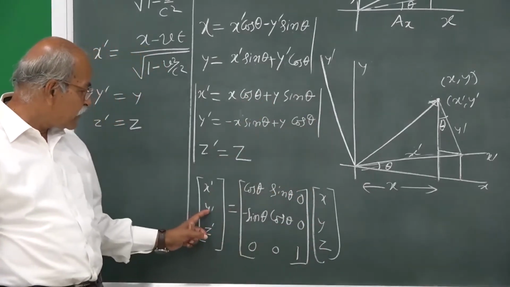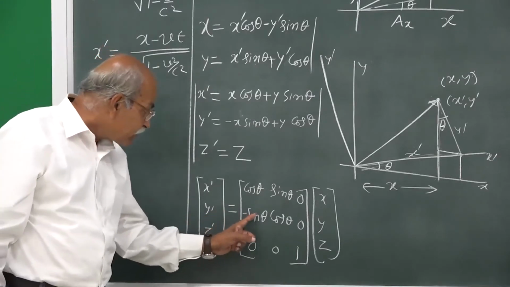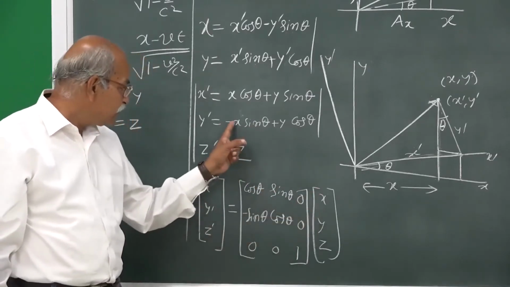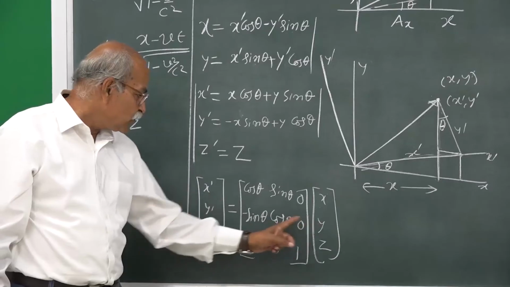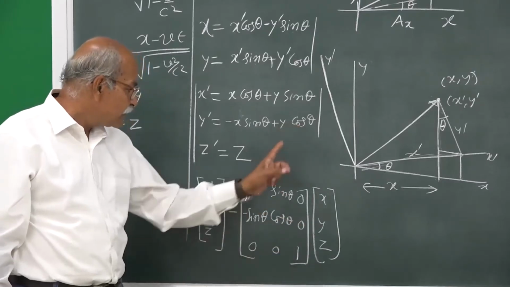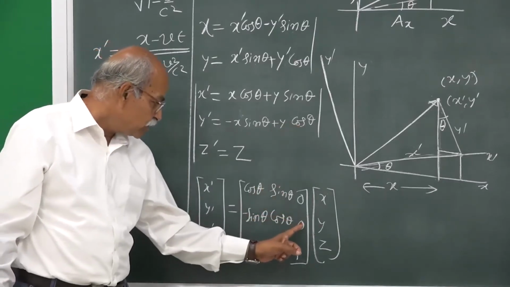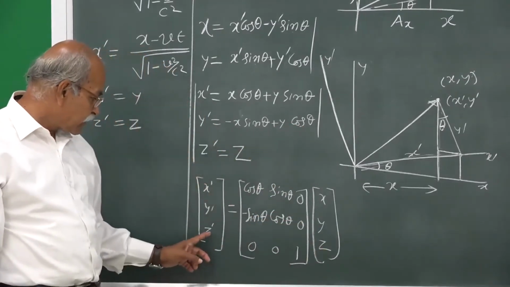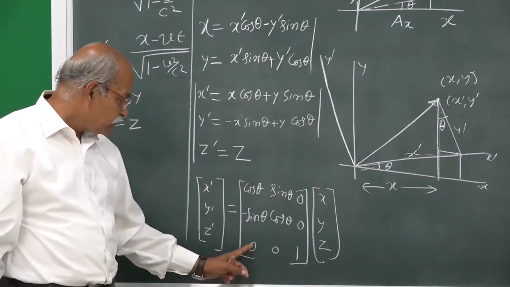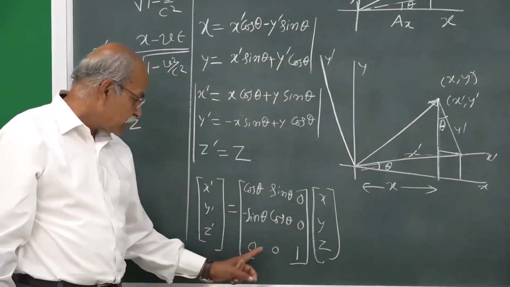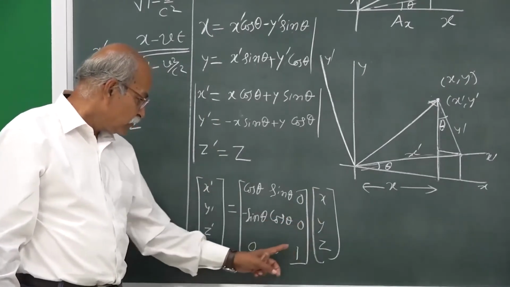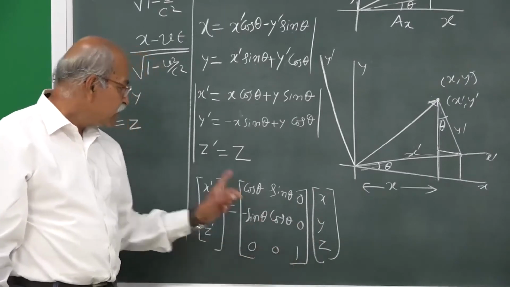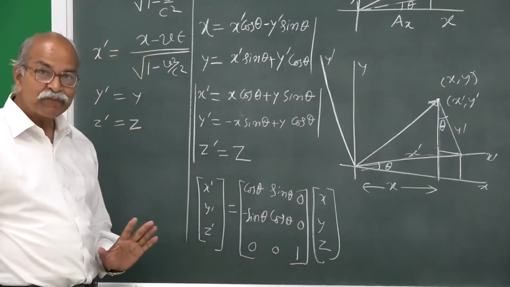Similarly, y prime will be minus sin theta into x, plus cos theta into y, and then 0 multiplied by z. Then z prime is this term into this term, that is 0, plus this term into this term, that is 0, plus this term into this term, that is z. So, z prime is equal to z.